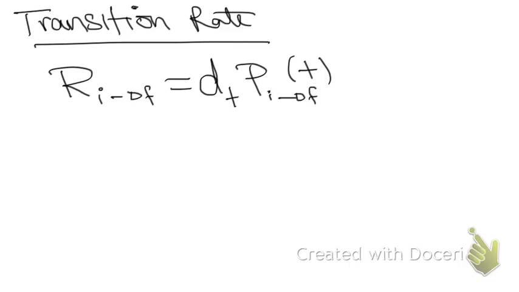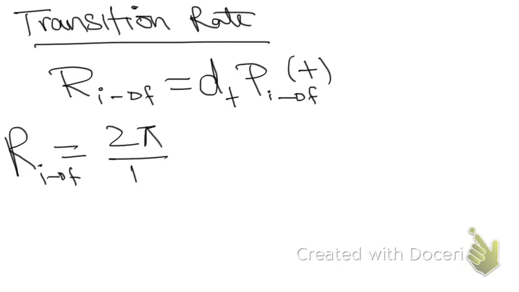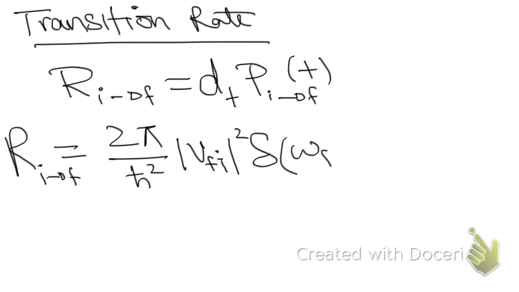When we take this time derivative, we get my transition rate from i to f is then equal to 2 pi over h bar squared times |V_fi| squared times my Dirac delta function, that is delta of omega_fi minus omega.